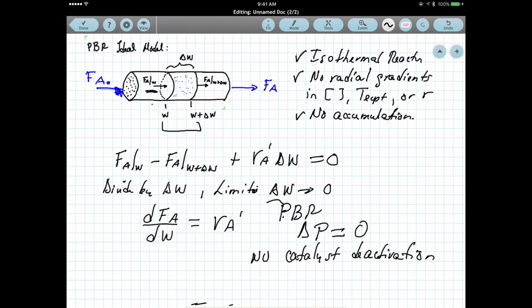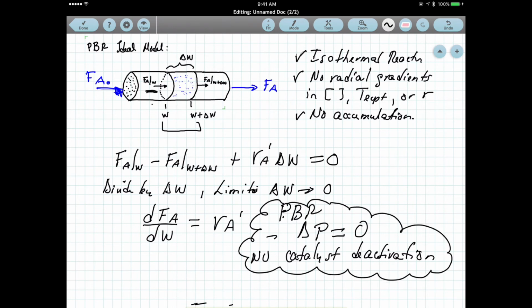Okay, I want to make sure that you realize that in this class we will see deviations of the ideal model where we will have delta P equals something. There's going to be a pressure drop over the differential element here, and the catalyst will deactivate eventually.